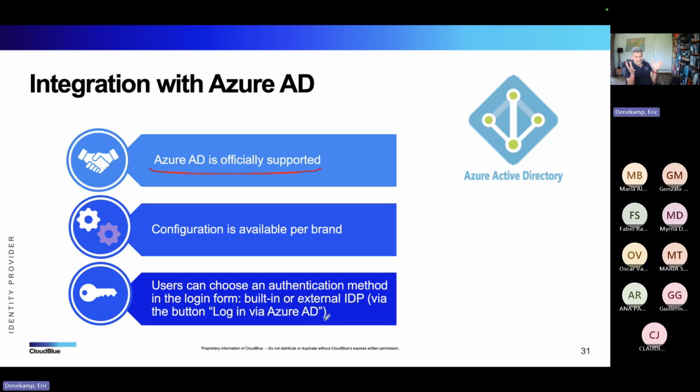Of course, as Ana Paula legitimately said, does this mean you have to add your customers to your Azure AD? No, you can leave them in. In that case, they will be in the Keycloak database, and they will just log into the built-in authentication provider, whereas your colleagues can log in to Azure AD.